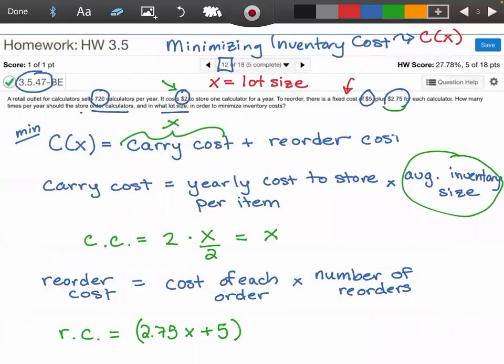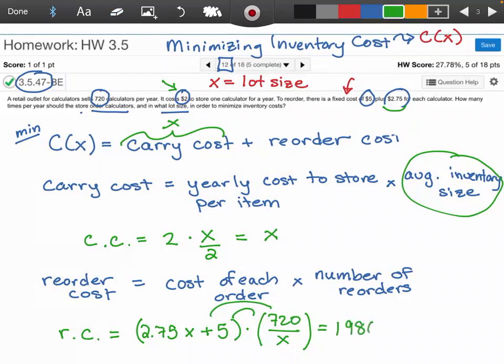Okay, so the number of reorders is just going to be 720 divided by X. Maybe we can simplify this a little bit. Okay, so I'll just distribute. So 720 times 2.75 gives me 1980, I believe.